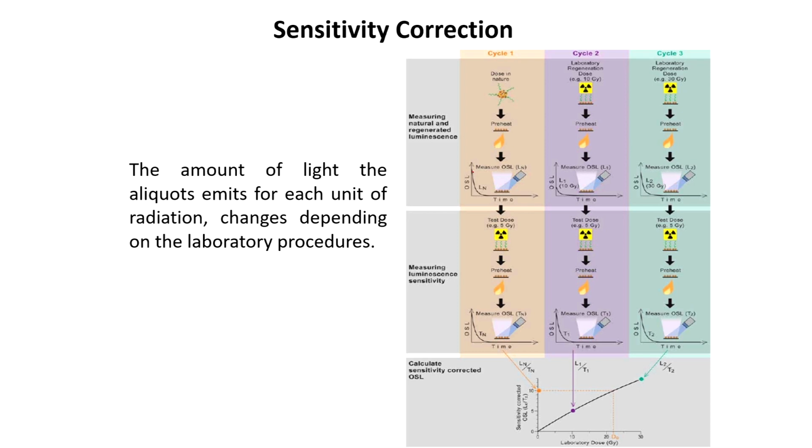So this is what we call the decay curve. The sample is zeroed out completely, and after the heat we measure through the photomultiplier tube.